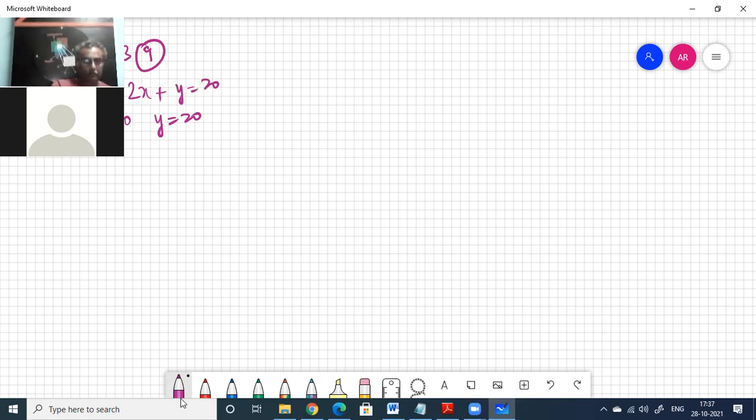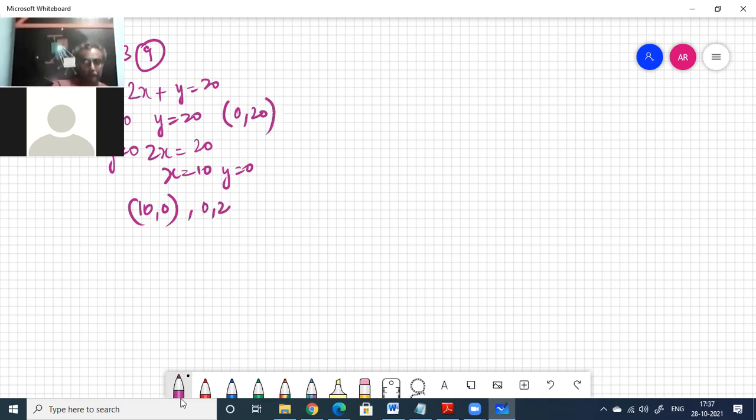Then y is equal to 0, 2x equal to 20, x equal to 10. So the point is 10, 0 and this point is 0, 20. This is one line.